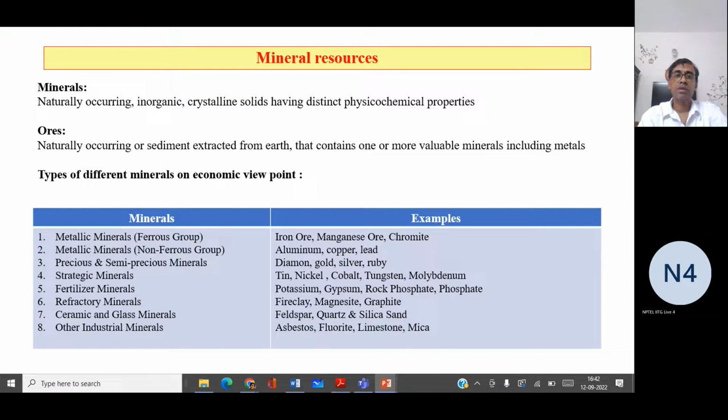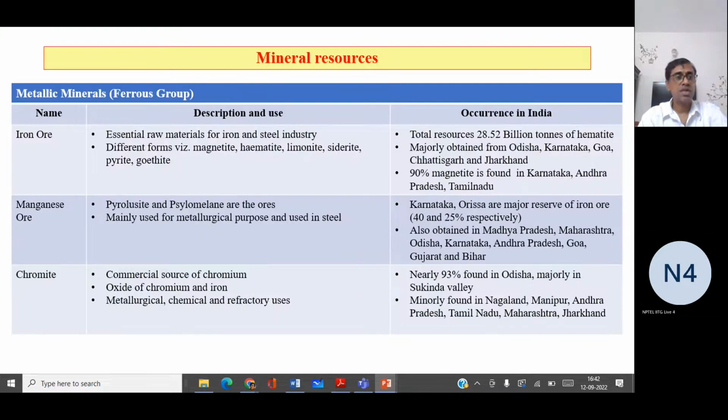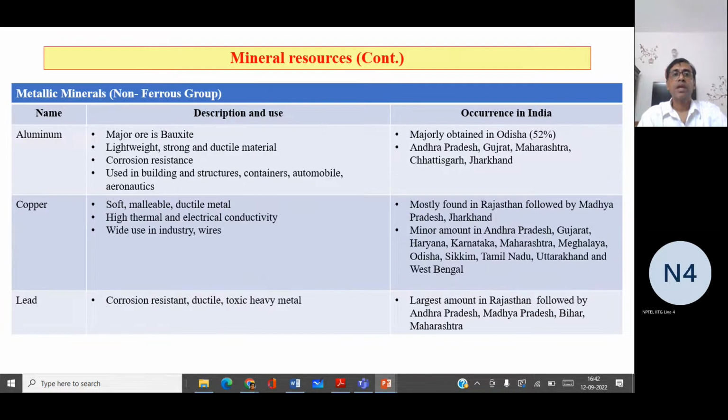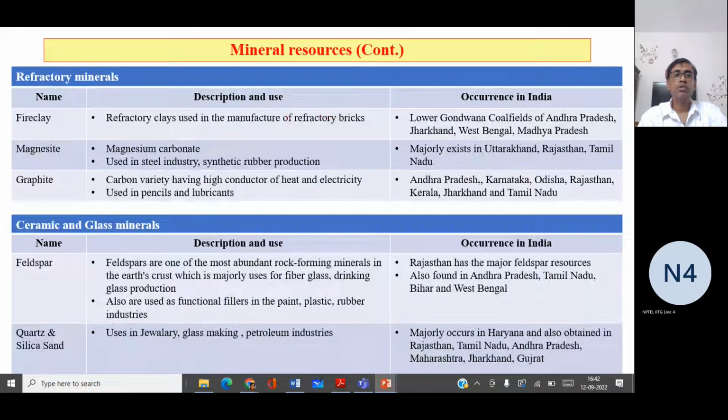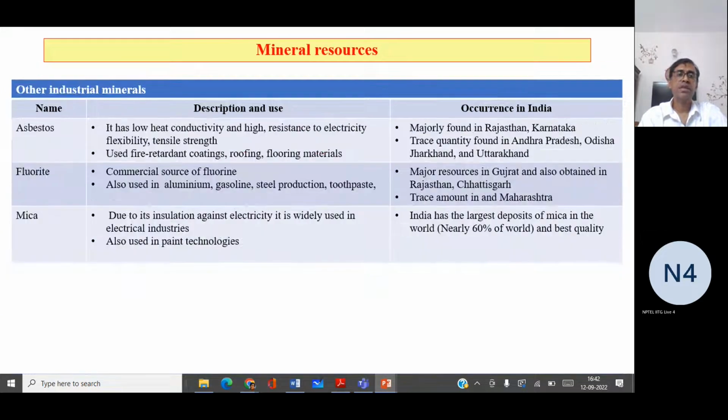These are the discussions that took place in the first 1 or 2 weeks of this lecture. And we also saw that there are various types of mineral resources in India. Almost all kinds of minerals are available in our country.